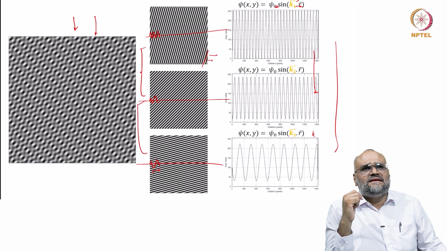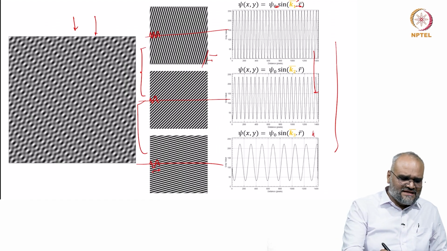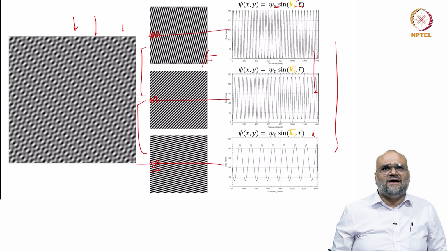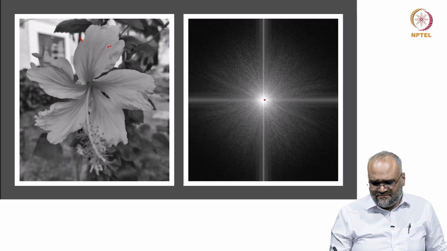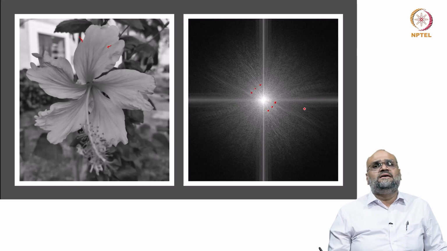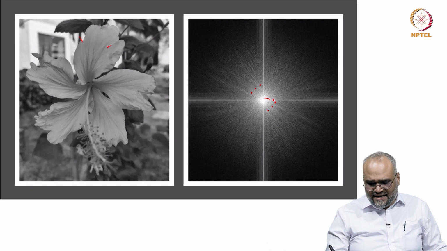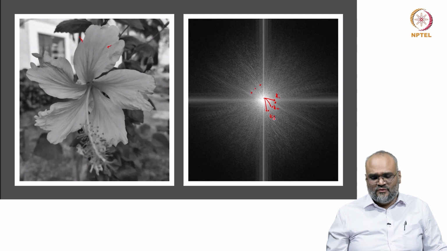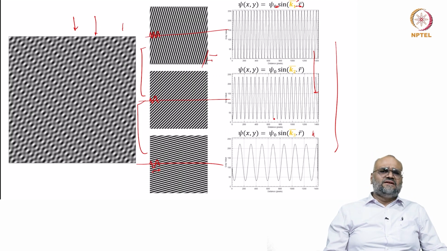So if I look at the Fourier transform of this kind of periodic pattern, I would see some bright spot like this, but I would also see reflections at distances like this, and this is proportional to my K1, K2 and K3 which I represented in this particular figure.